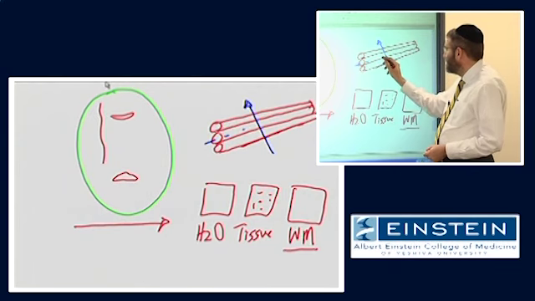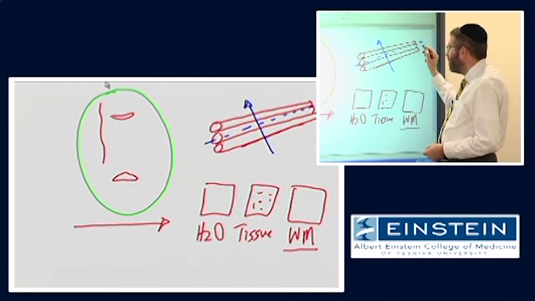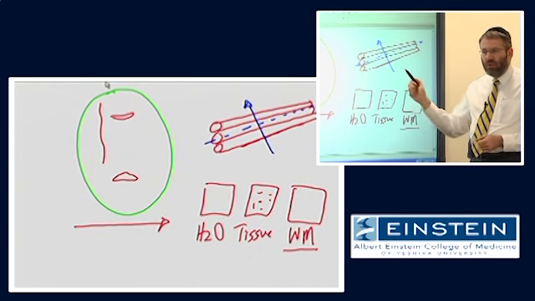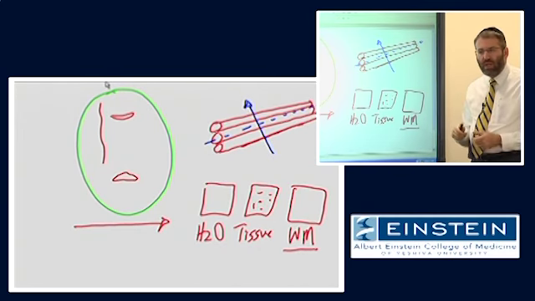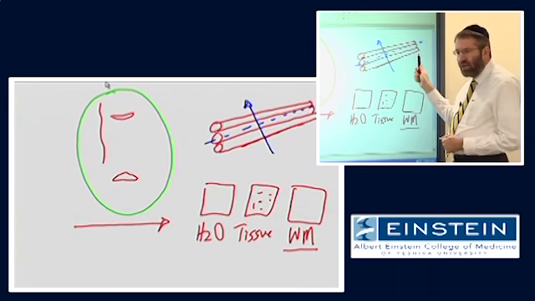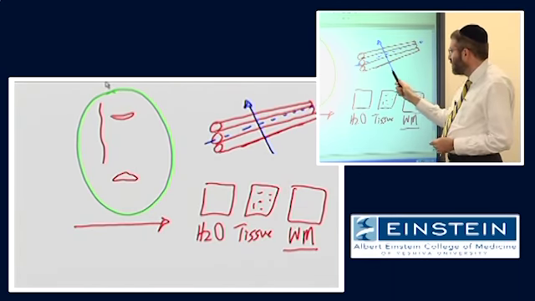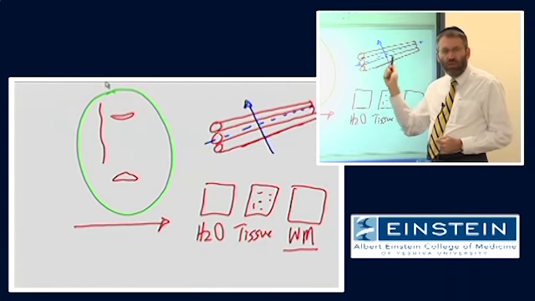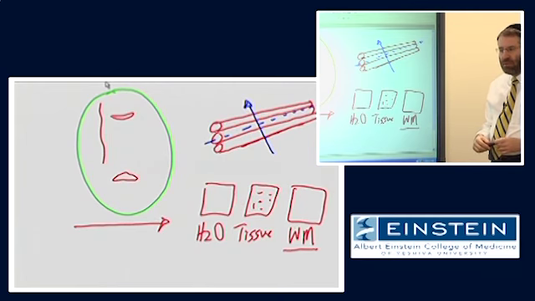Whereas along the long axis of the axon, or of the fiber bundle, there are relatively fewer barriers to diffusion. That doesn't mean that there are none, right? But there is going to be a preferential movement of water molecules along this long axis of the fiber bundle.